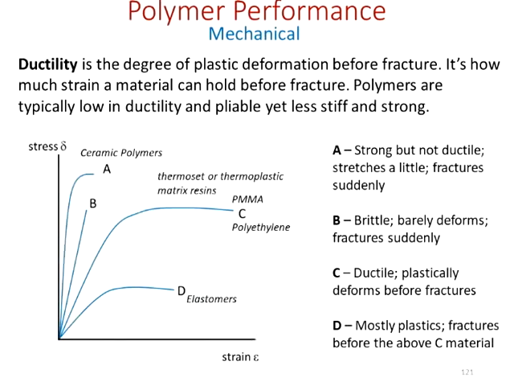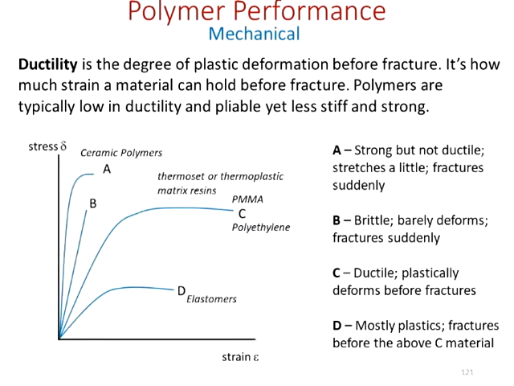Another mechanical aspect of polymers that we like to highlight and talk about is ductility. When we think about this particular mechanical property, ductility is the degree of plastic deformation before it fractures. How far does this plastic deform before it fractures? Okay, it's how much strain a material can hold before it fractures.